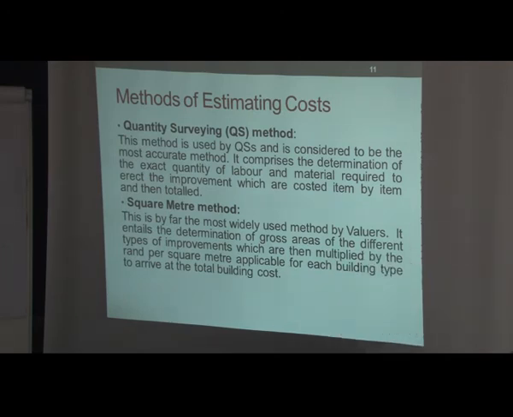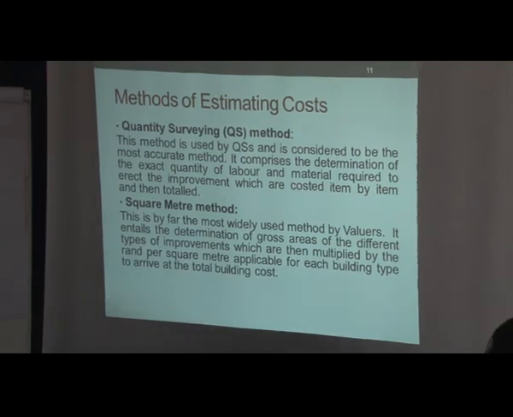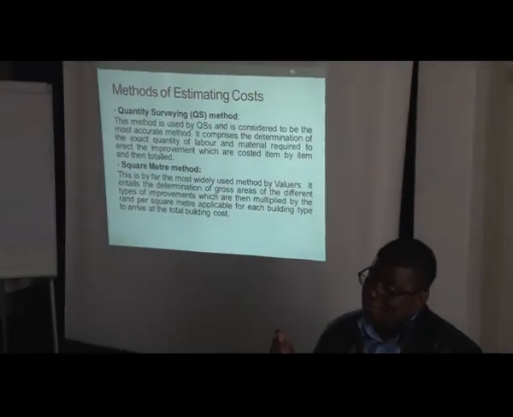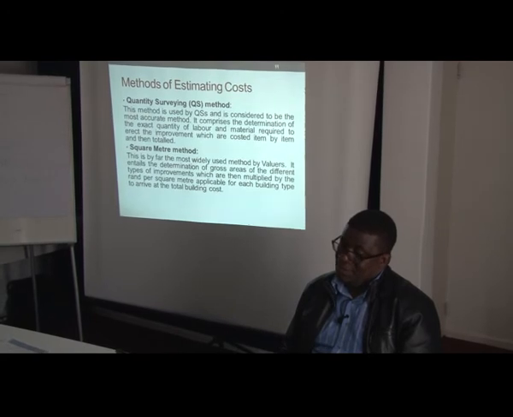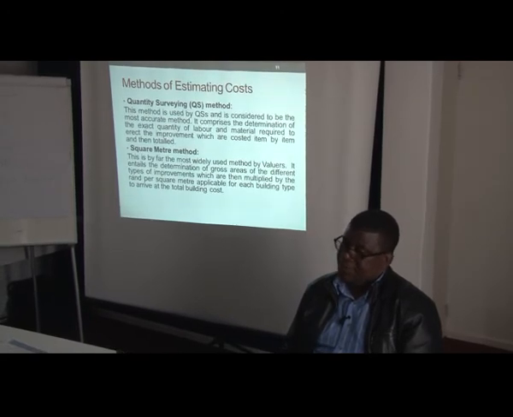So he has to itemize item by item of the whole property in order to come up with the total cost of construction. That is basically the quantity surveying method. It is the most accurate method of estimating the cost of construction because it's very, very detailed. So that is one method.